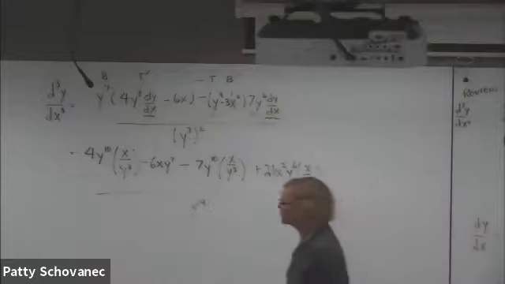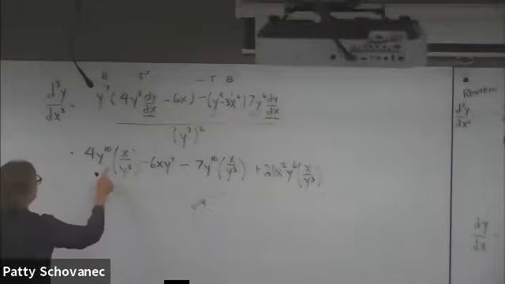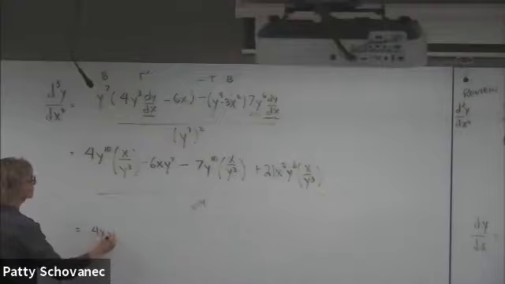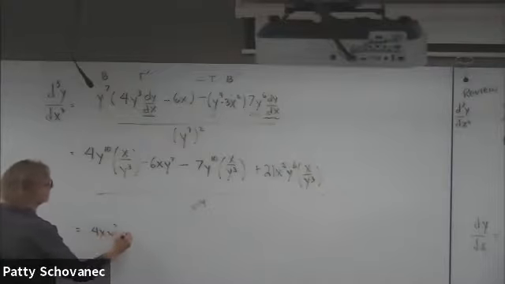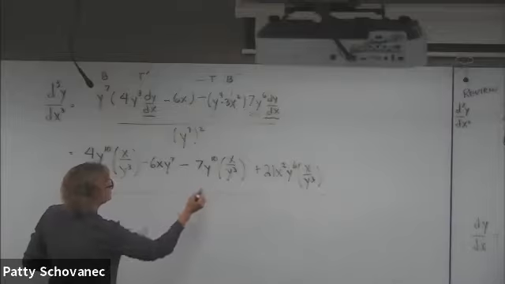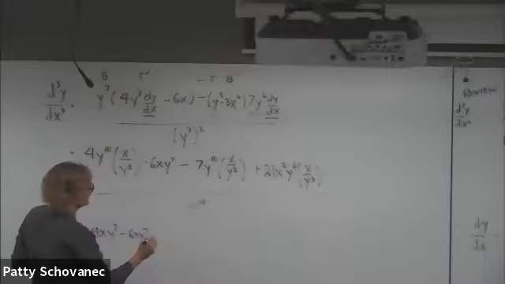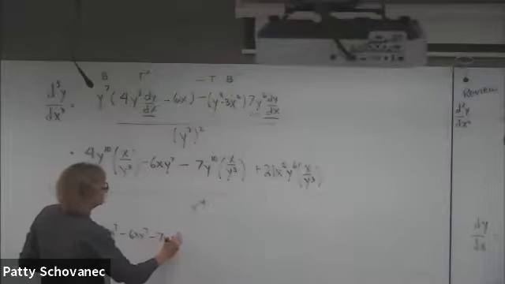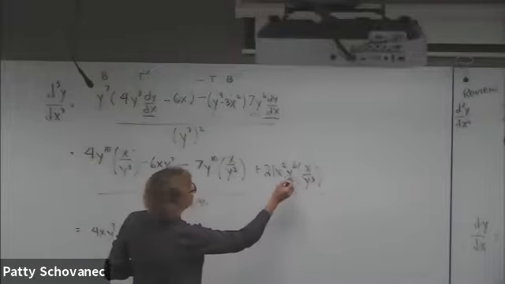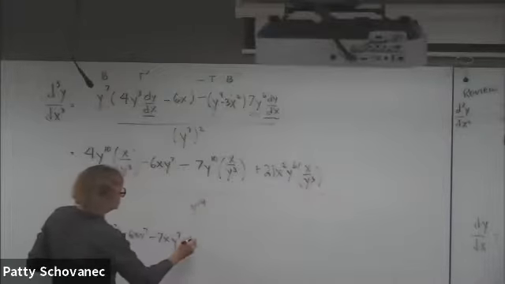Make it prettier than that. Cancel here, leave me a y to the 7th. So we have 4x y to the 7th minus 6x y to the 7th. This gives me another y to the 7th, so minus 7x y to the 7th. This gives me an x cubed y cubed times the 21.